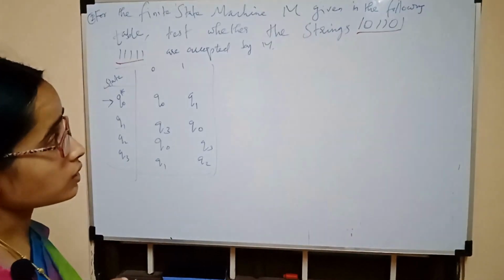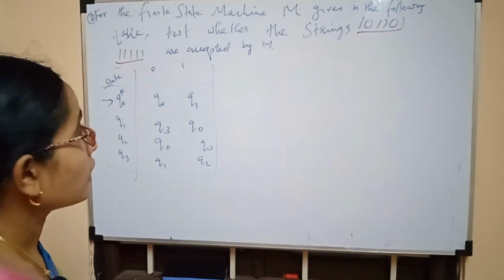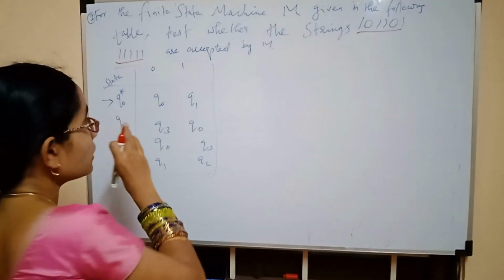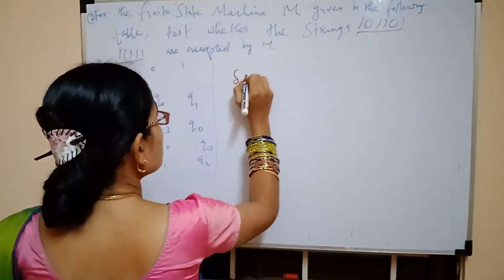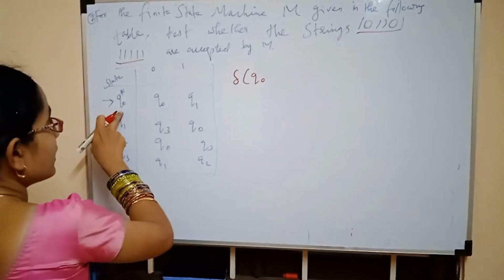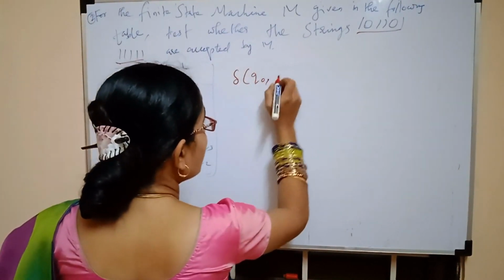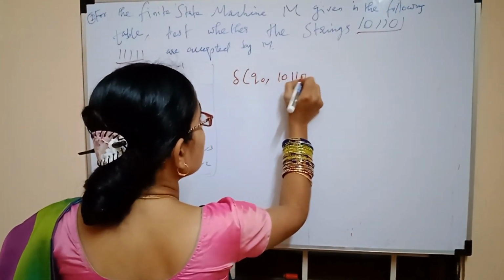So when you are processing a particular string, it should reach the final state. So you will be starting from the starting state, the initial state, which in this table is q0, and you give the input.